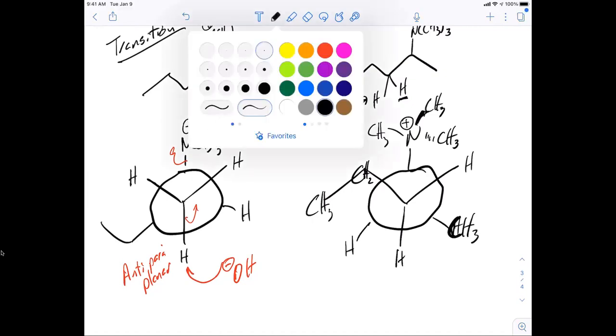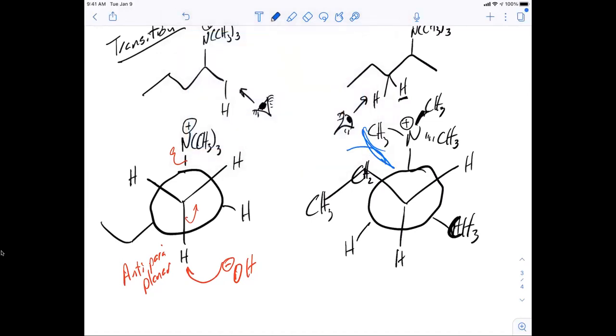And so now what we have is the problem with steric hindrance.